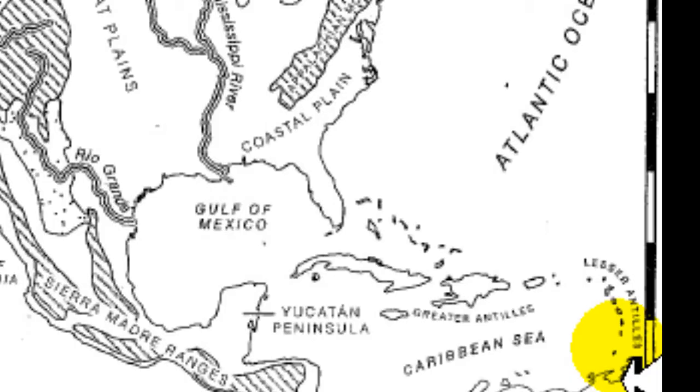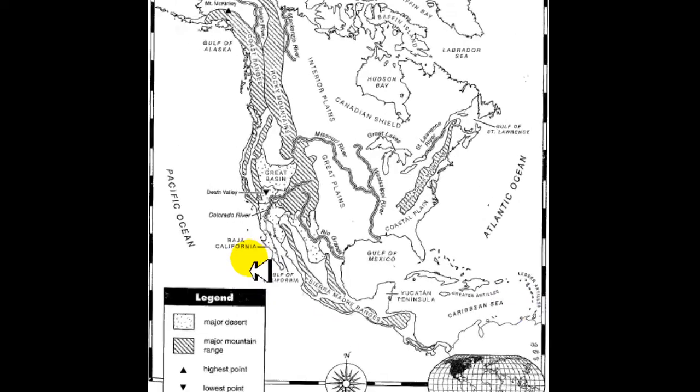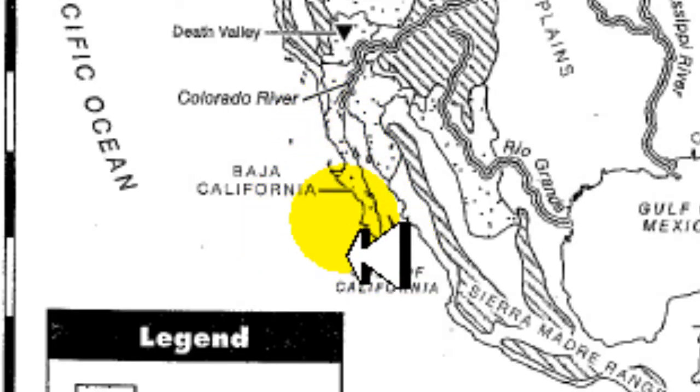One of the things that I want you to notice on a map like this is, while it tells you most of the answers, it doesn't tell you all of the answers. For example, let's look at Baja California for a moment. Baja California, what is it? It doesn't say what it is, but if you look it up, it'll tell you that it's a peninsula because it juts out into the water here, and it's got water on each side. So Baja California is a peninsula.